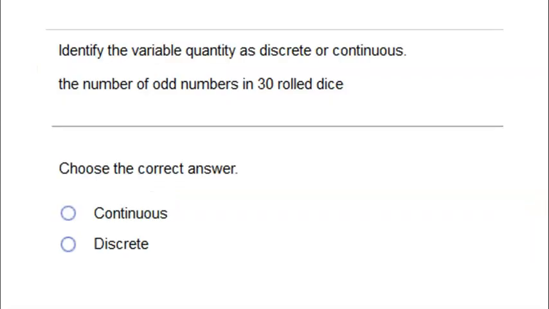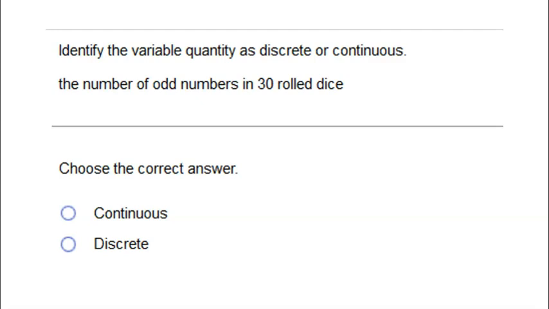Identify the variable quantity as discrete or continuous. Now remember, discrete means the outcomes can only take on specific values. It doesn't vary within a range of values. That would be continuous. So let's look at our problem. The number of odd numbers in 30 rolled dice.